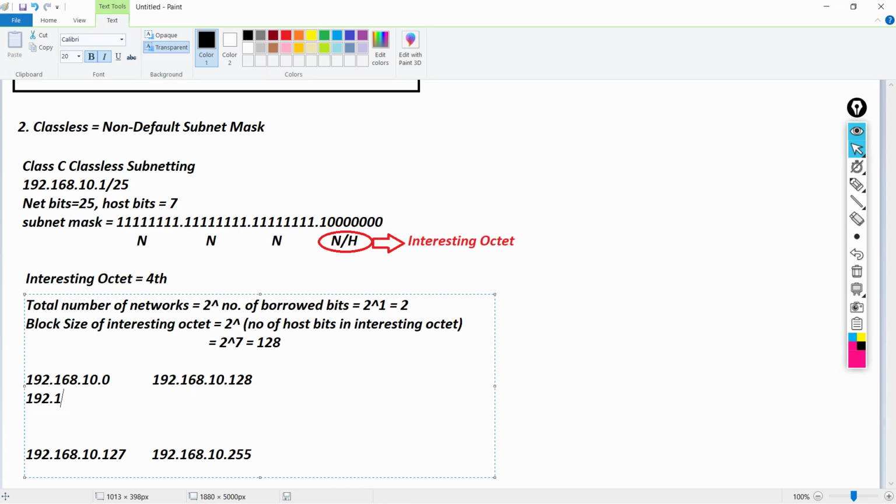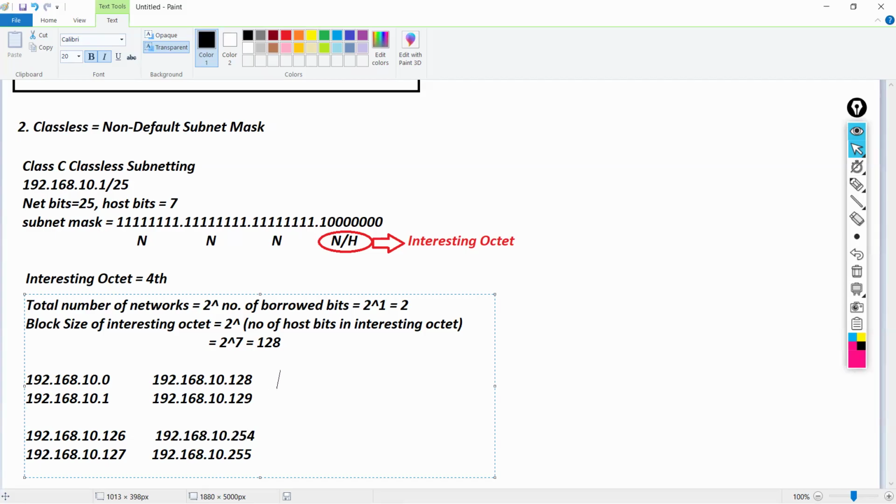Now I can have valid IP addresses in between: 10.1 is the first valid IP here, and 10.126 the last valid IP. Here the first valid IP will be 129 and the last valid IP 254. Again the same concept.